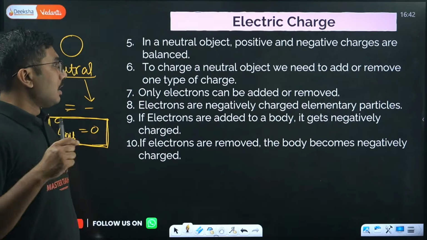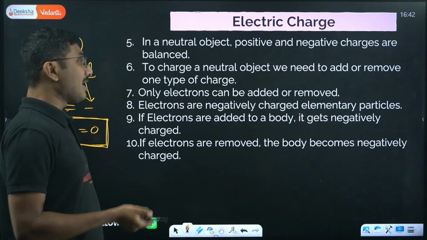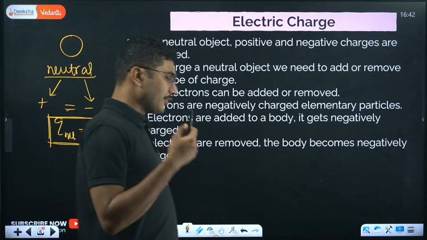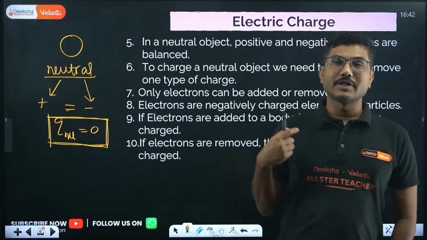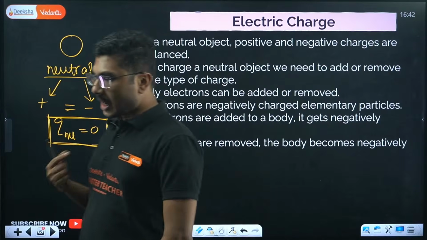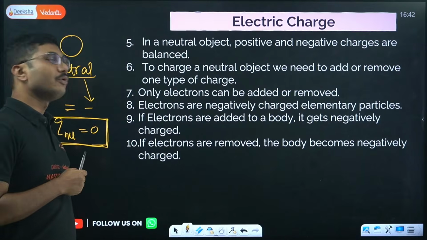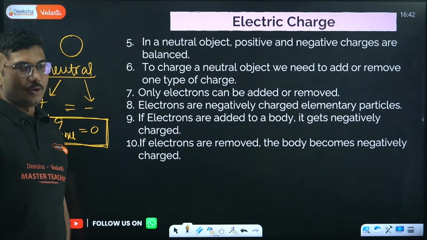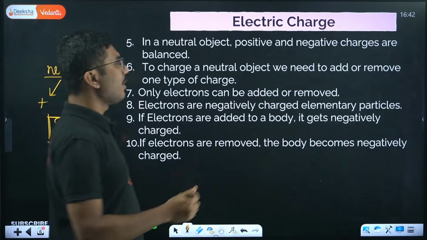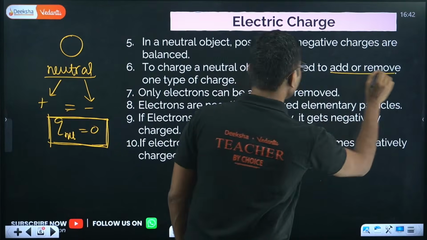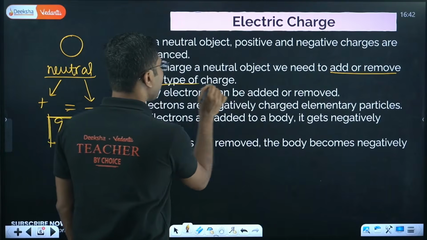Now, to charge a neutral object. The question is, how can we charge a neutral object? To charge a neutral object, we have to add or remove one type of charge.